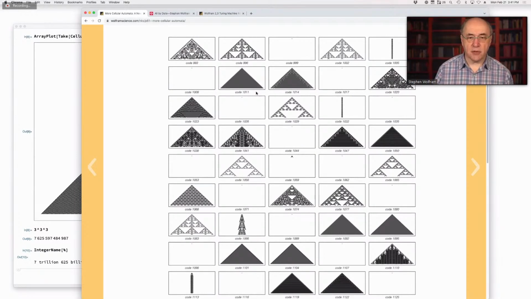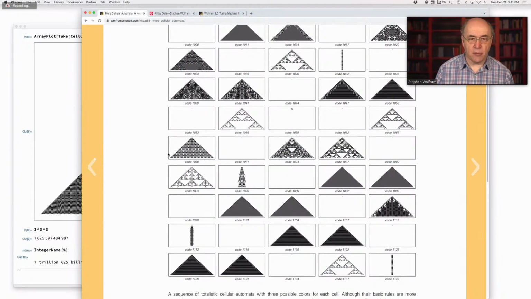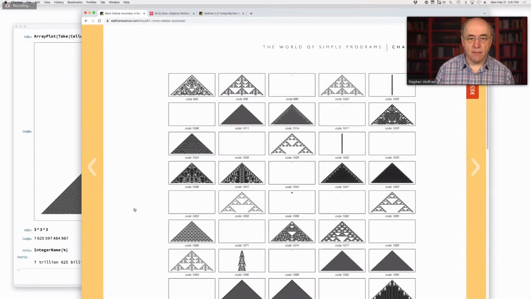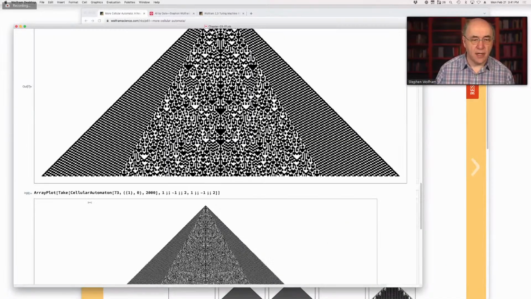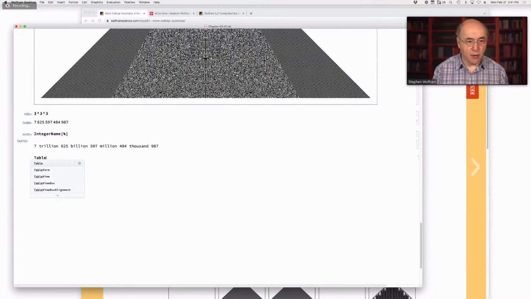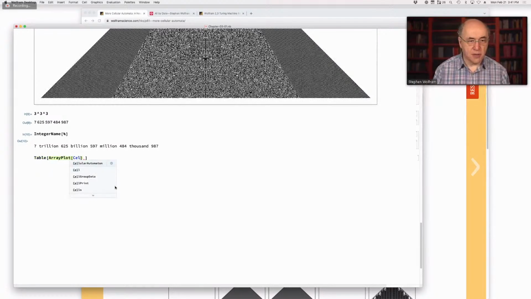And let's replicate this. These are now 3 color totalistic rules. So for example, we could make a table of ArrayPlot of CellularAutomaton of, and to make a 3 color totalistic rule, we would say N, 3, 1 here. That's the Wolfram language way of describing that.